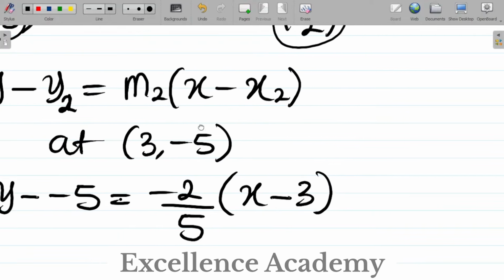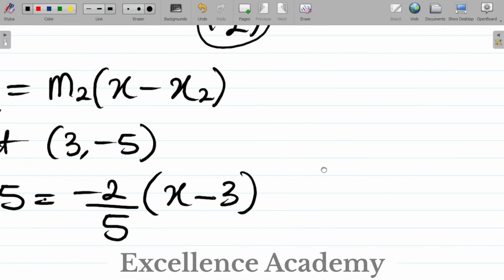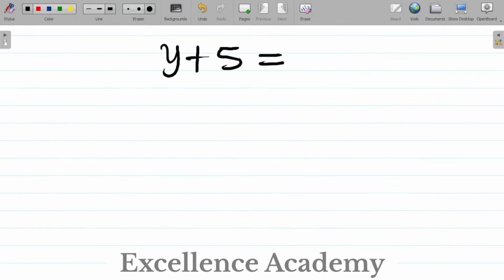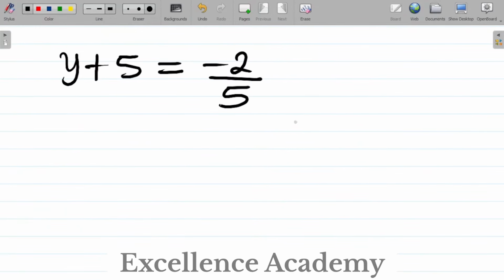Let's proceed with this. From here, y minus minus is plus, so I have y plus 5 equal to minus 2 over 5 into x minus 3. To solve this, I'll move 5 over here.